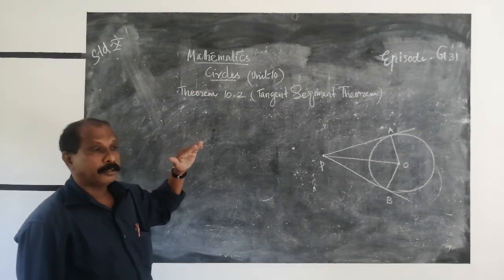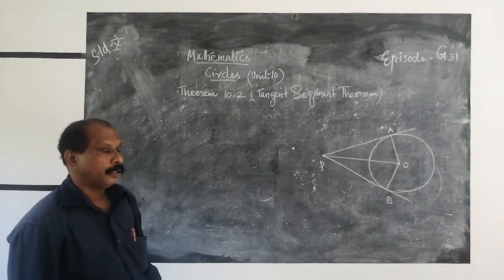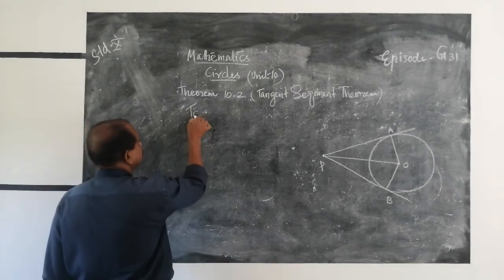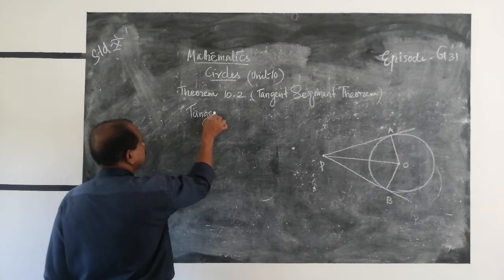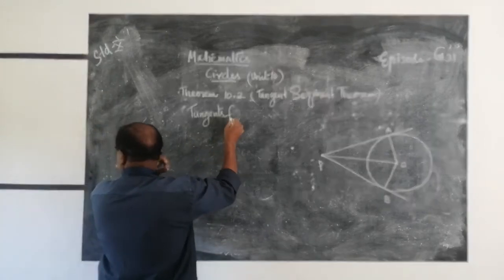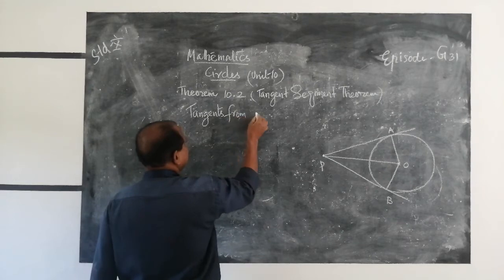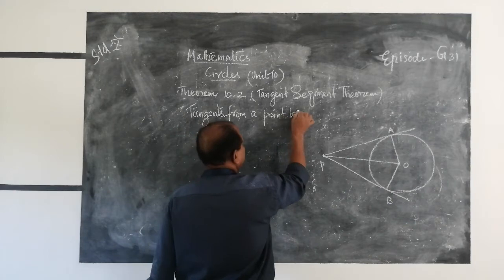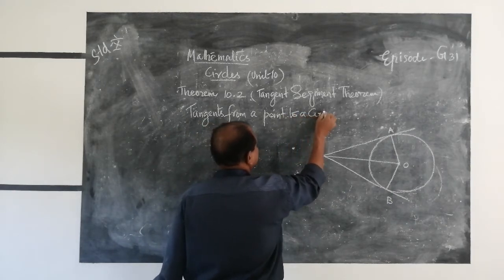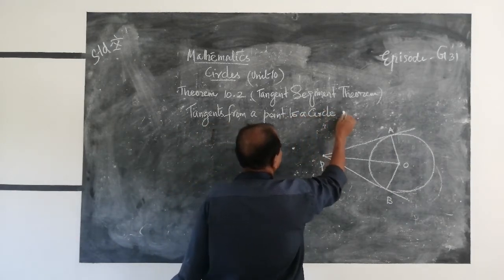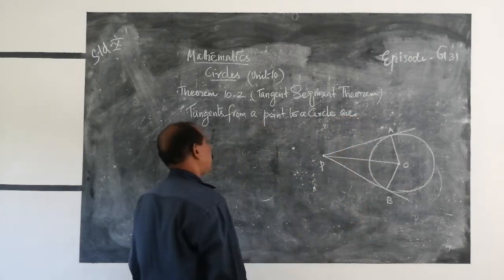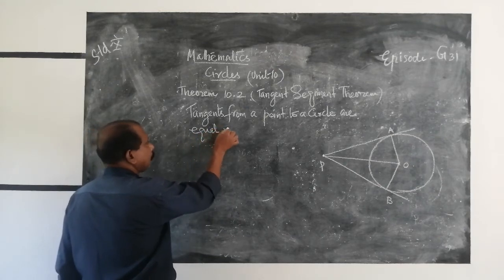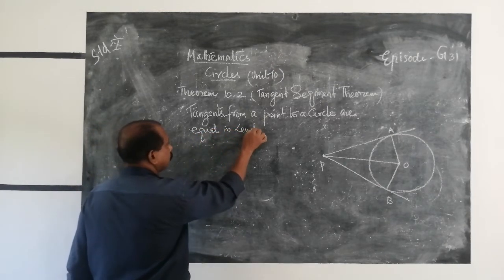Therefore, the tangent segment theorem states: tangents from a point to a circle are equal in length.